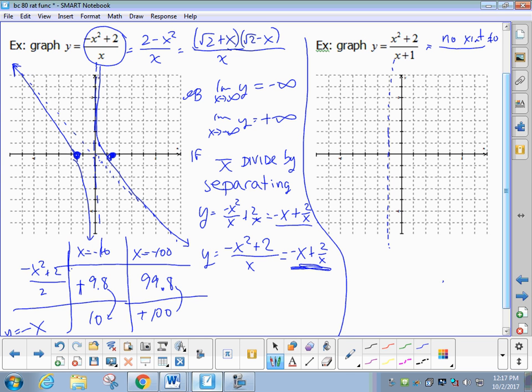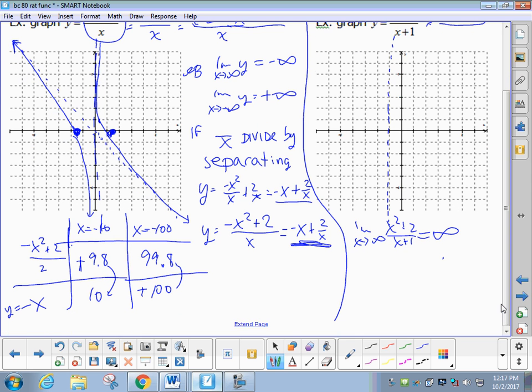To find the slant, I know that this goes to infinity. I need to find how by dividing. Now, if it's a linear divisor, like this, x plus 1 is a first power divisor, you can use synthetic division, if you like.